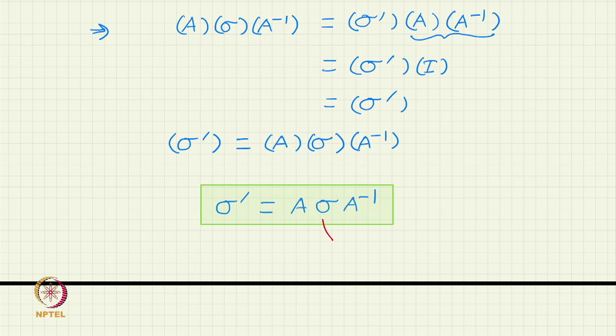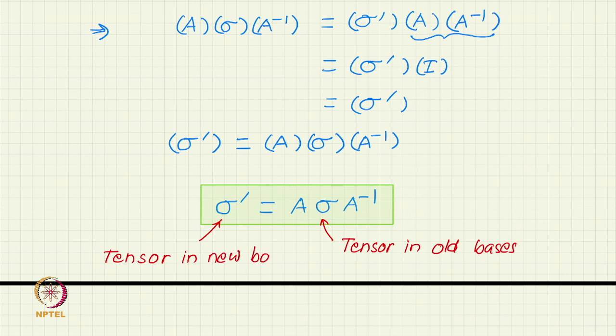Sigma was the tensor in the old coordinate system, whereas sigma prime is in the new basis, and as you know, A is the coordinate transformation matrix.